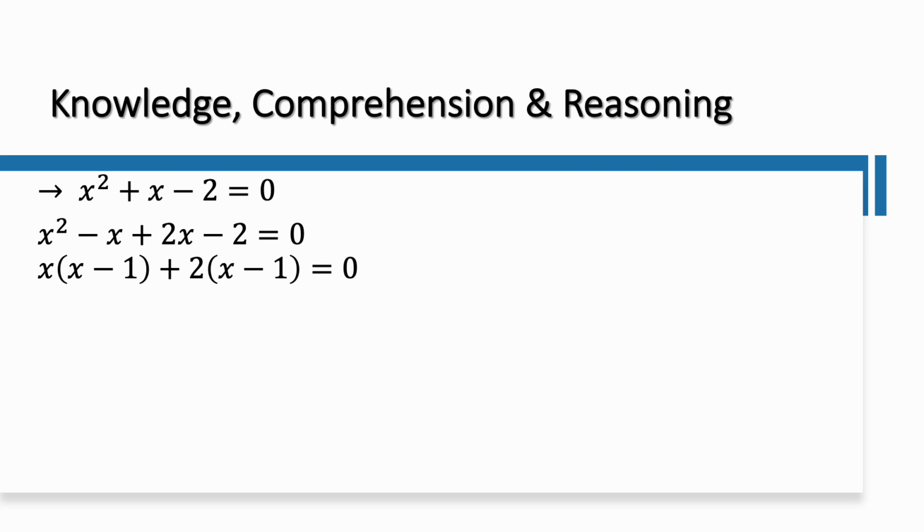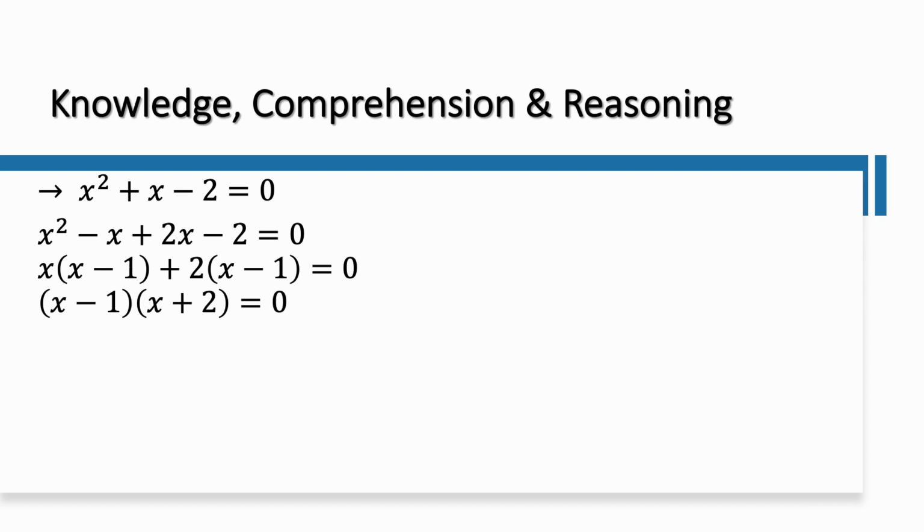So you can factor out 2. So it's plus 2, open brackets, x minus 1, equals 0. So our two new factors would be x minus 1 times x plus 2 equals 0.